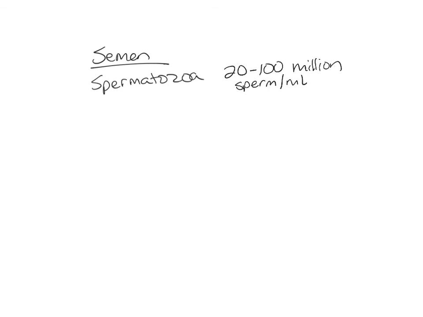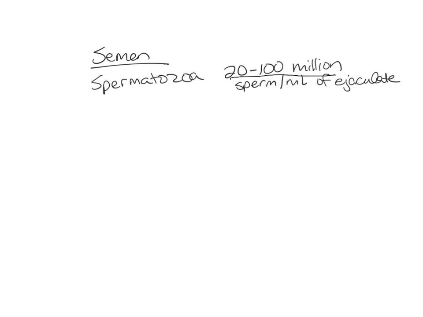So let's look at all the components of semen. We have the sperm count. So first we have spermatozoa. There are normally 20 to 100 million spermatozoa per milliliter of ejaculate. So when a male ejaculates, there will be in the semen 20 to 100 million sperm per milliliter normally.